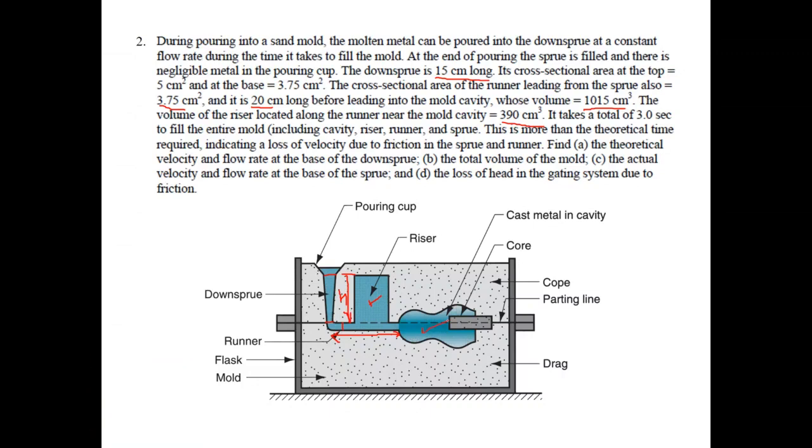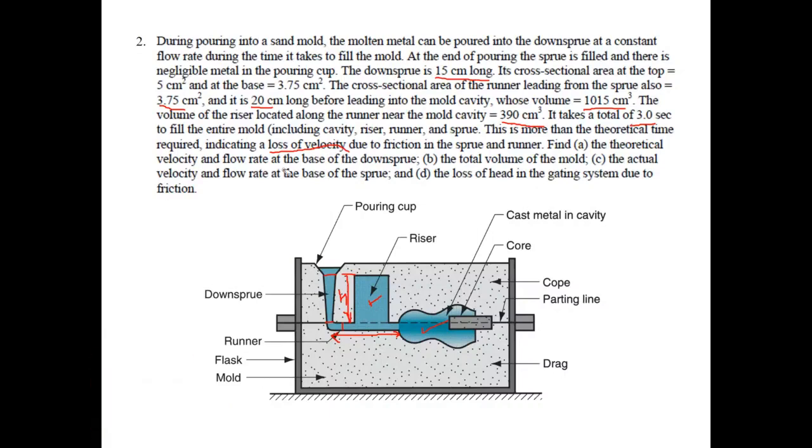And then it takes a total of 3 seconds to fill the entire mold, including cavity, riser, runner, and sprue. This is more than the theoretical time required, indicating a loss of velocity. There is a loss of velocity due to friction.